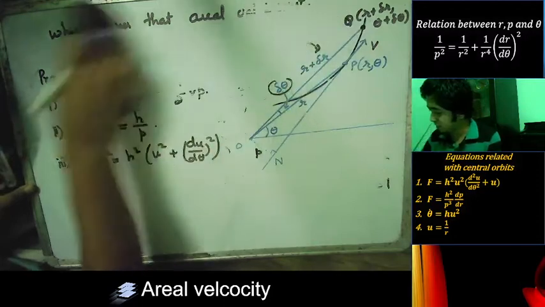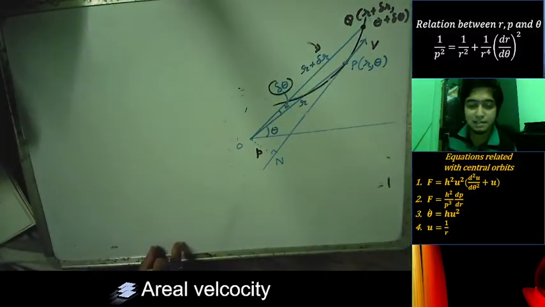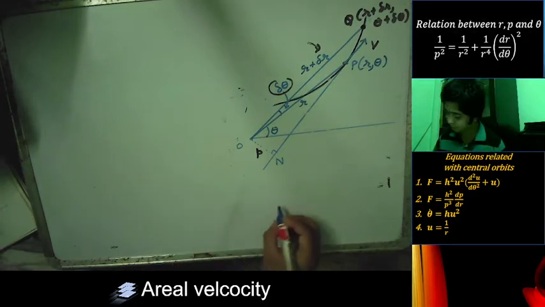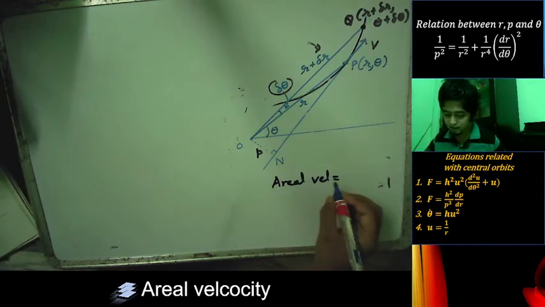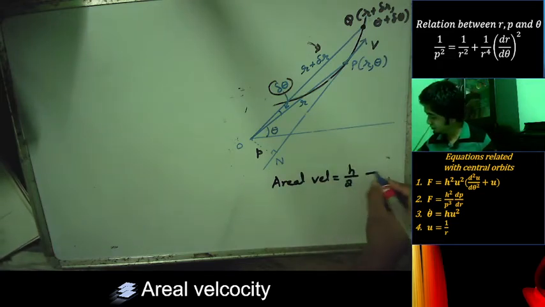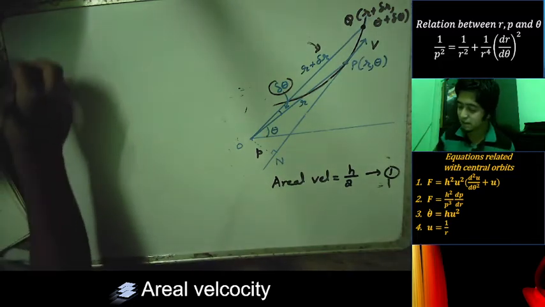So this is what we will do. And for the last equation, when we had the areal velocity equal h by 2, we will name that one as equation 1. So now let us proceed.